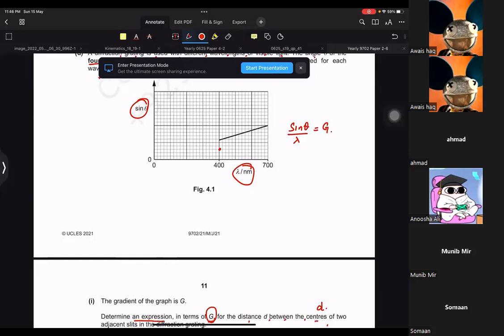But why does sine theta change like this? This is for fourth order. Sine theta.